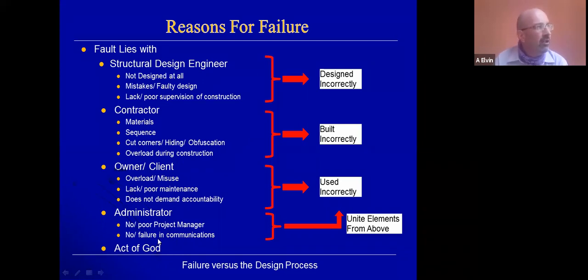Or if there is a tornado of unparalleled magnitude, or a tornado or even an earthquake in a zone that has never been classified as a tornado or earthquake zone. These are very, very rare events. All other events are one of these, or a combination of these.